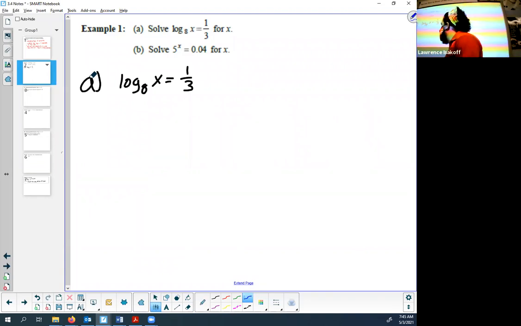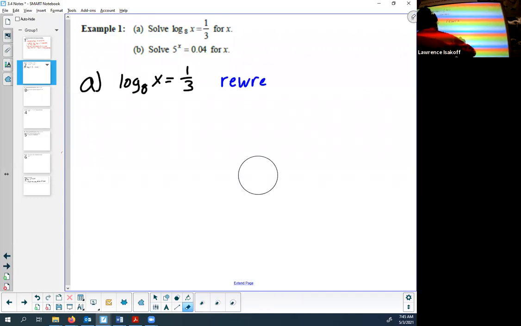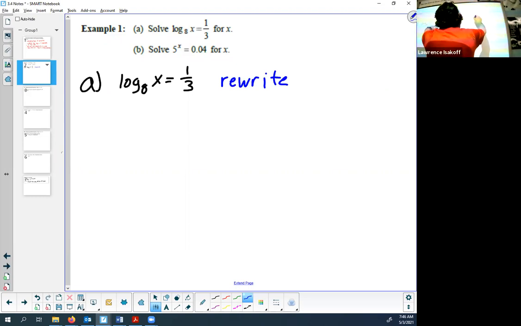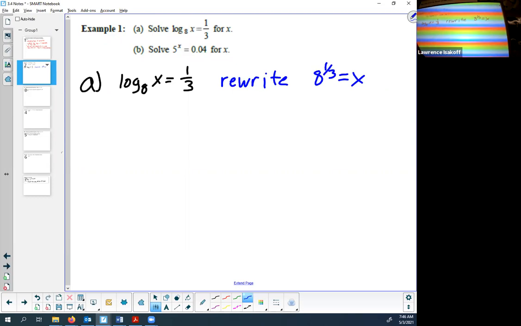So you can either rewrite this in exponential form or use that. If I rewrite, my base is 8, and then that would mean my power is 1/3 is equal to x. So basically, I'm asking for the cube root of 8 here.